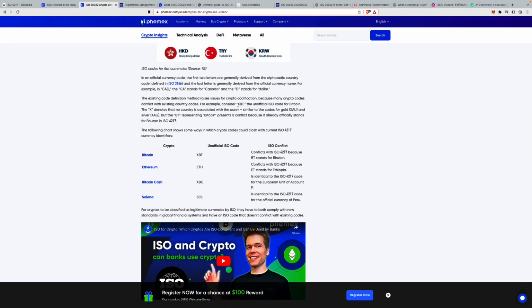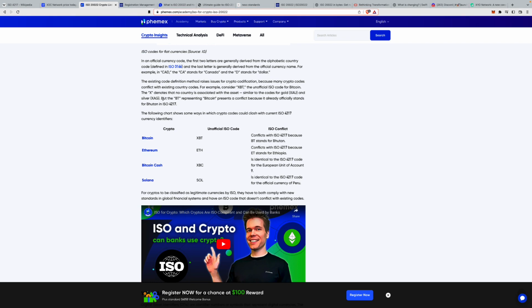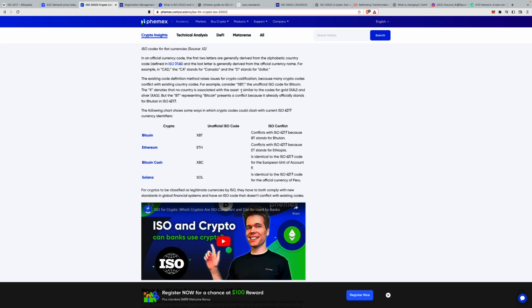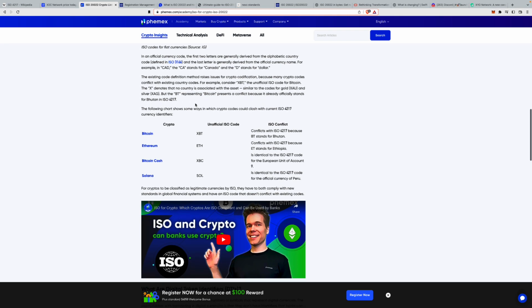For example, consider XBT, the unofficial ISO code for Bitcoin. The X denotes that no country is associated with the asset, similar to the codes for gold, XAU, and silver, XAG. But the BT, which represents Bitcoin, presents a conflict because it already officially stands for Bhutan in ISO 4217.